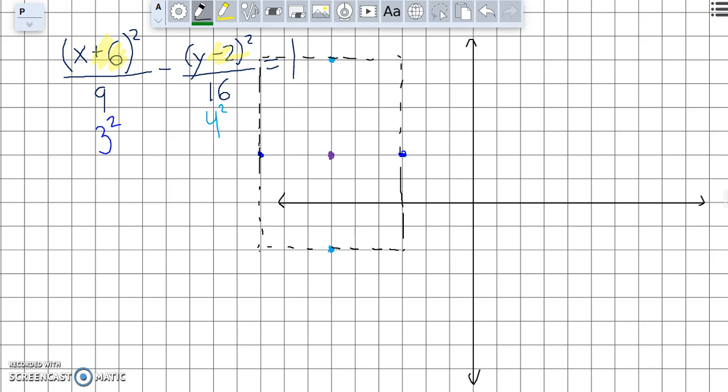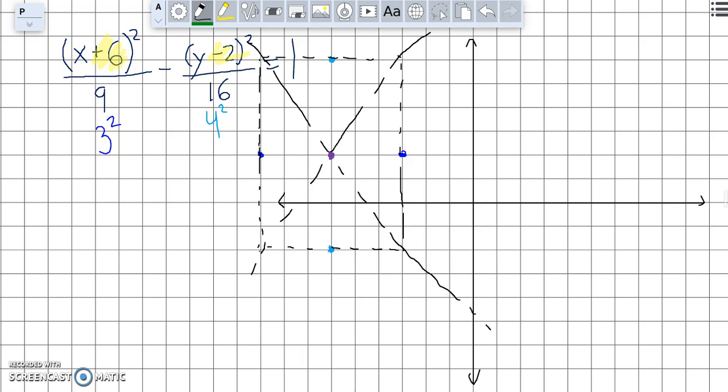This box is going to help me know where my asymptotes are. My asymptotes are going to be connecting the diagonals of the box. My hyperbola is going to rest inside those asymptotes.